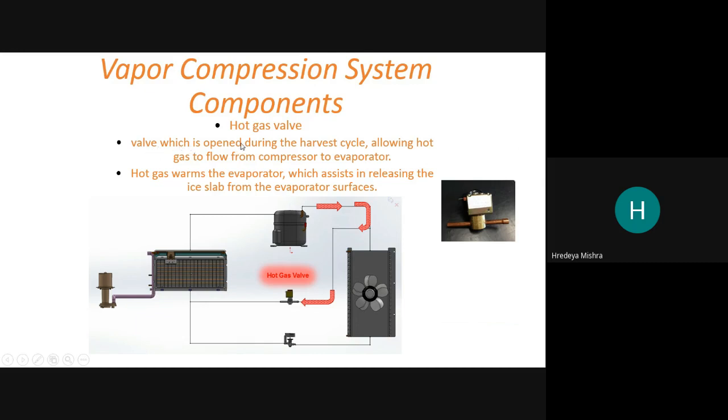The hot gas valve is open during the harvest cycle, allowing hot gases to flow from the compressor to the evaporator directly. Hot gases warm the evaporator, which assists in releasing the ice slab from the evaporating surface.